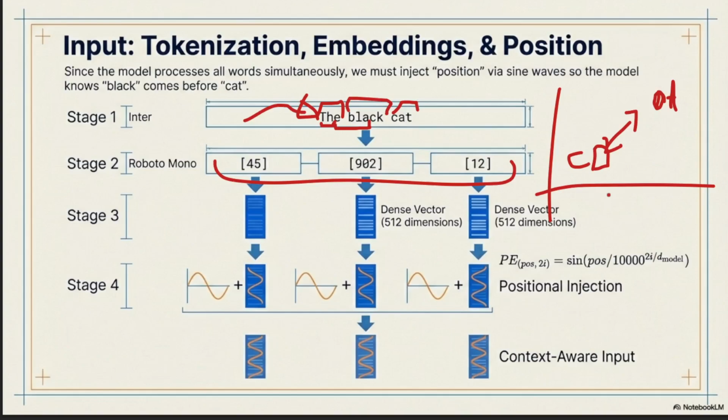because the transformer model reads all the words simultaneously in parallel, it has no inherent concept of order, so it doesn't know that black came before cat or cat came before ate. So it doesn't know the order. To fix this, we inject positional encoding. So vectors using, for example, wave patterns like cosines into the embeddings.